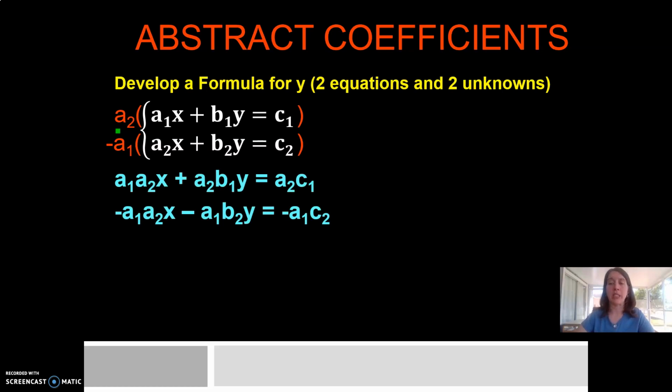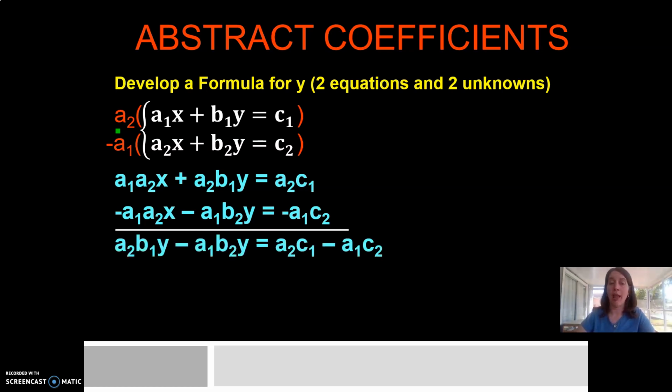Here's what my two equations now look like once I do my multiplication process. Notice the x's now have opposites, so they can cancel each other out. Just like we saw on the x work, when I go to put the y pieces together, those aren't like terms, so I can't actually subtract them. So I just had to write a2b1y minus a1b2y, and then the same thing on the right side of the equation.